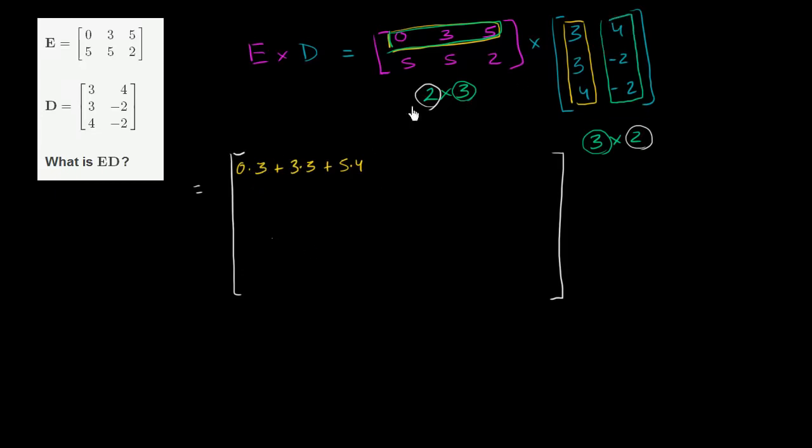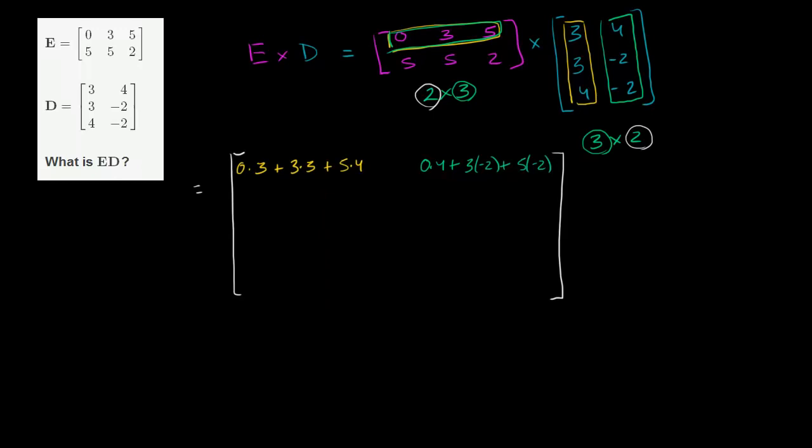Notice, the entry is getting the row from the first matrix and the column from the second one. That's kind of determining its position. So once again, this is going to be 0 times 4, plus 3 times negative 2, plus 5 times negative 2.